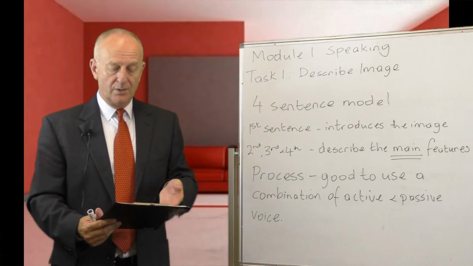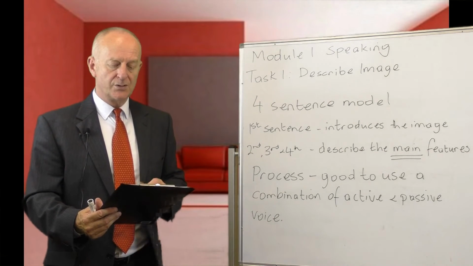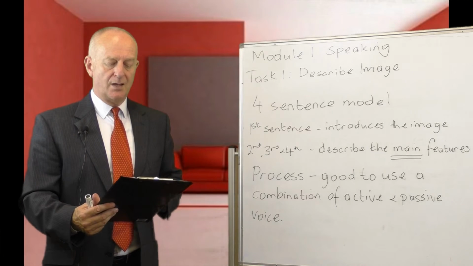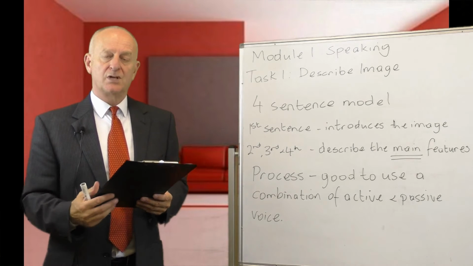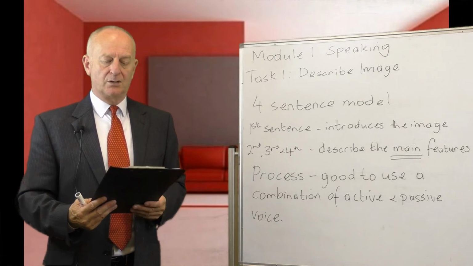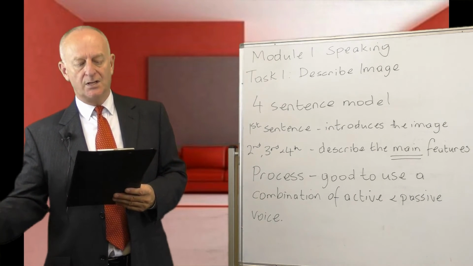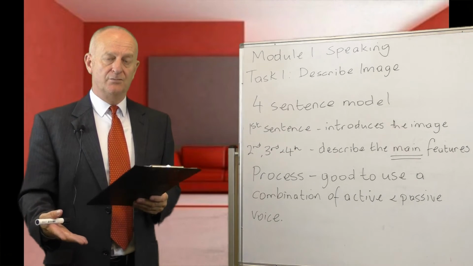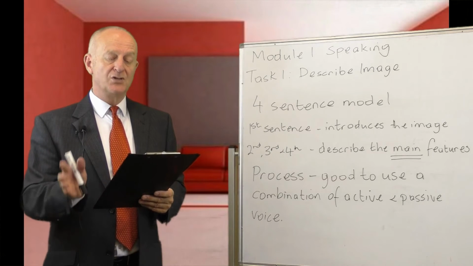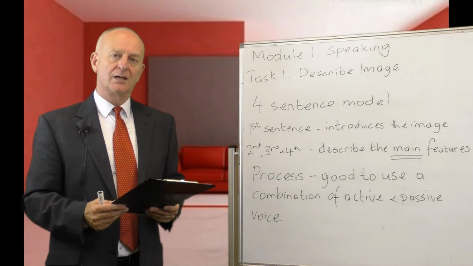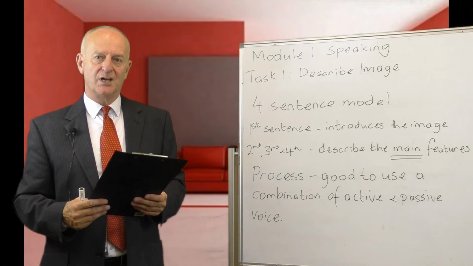So for example, if you look at the milk production, at the bottom line there, milk tanker daily delivery to dairy. So a milk tanker delivers milk daily to the dairy is in the active voice. You change that into the passive voice: milk is delivered by a milk tanker daily to the dairy.